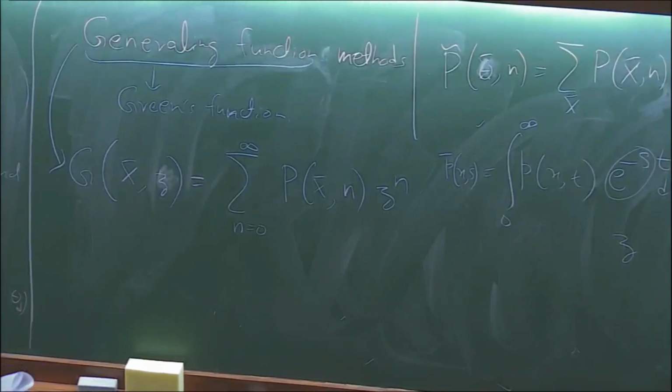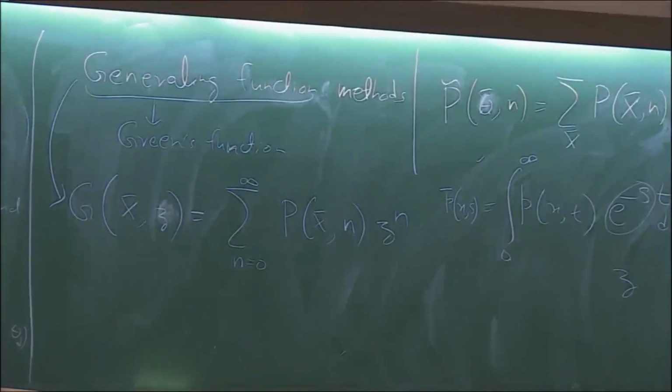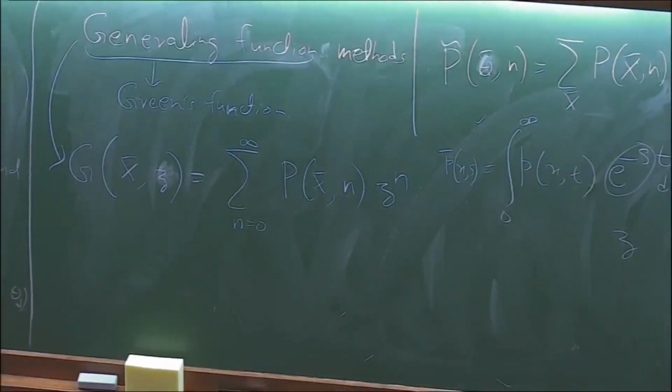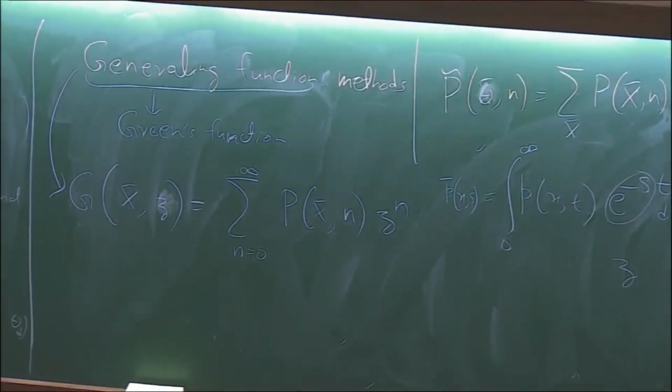The first thing we can do is calculate it easily. Given that we have solved p of x bar n, the generating function looks quite nice, because n occurs only here, and we multiply by z to the power n and sum over n equal to 0 to infinity. So what will we get?